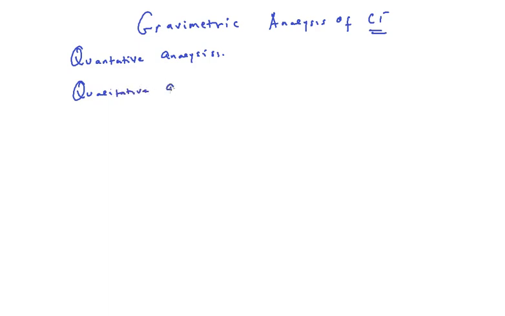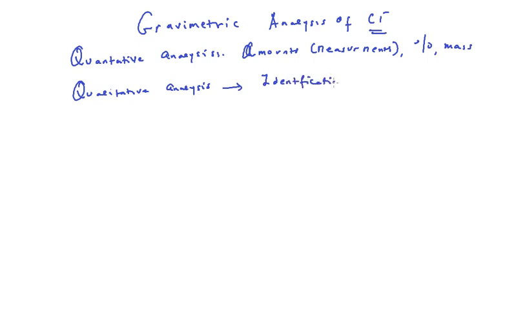Quantitative analysis is always concerned with amounts, its measurements. In other words, it is quantities, percentage or mass, volume. This is called quantitative, and qualitative is focused on identification of substances.